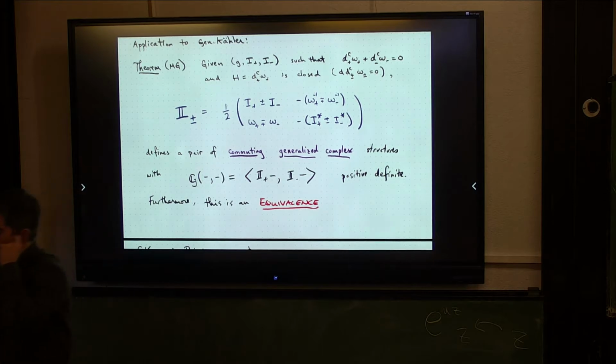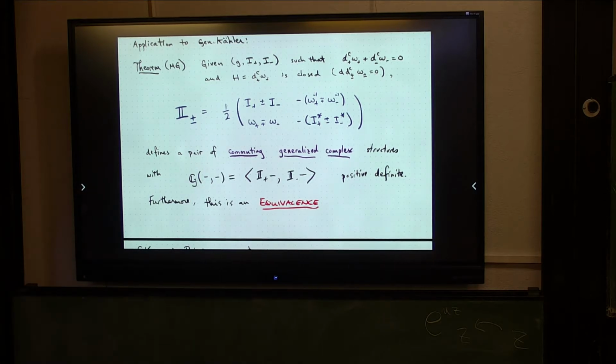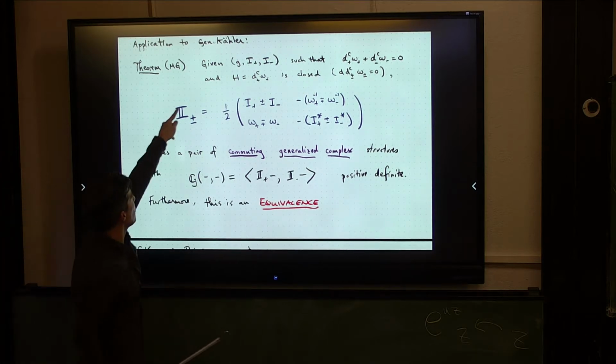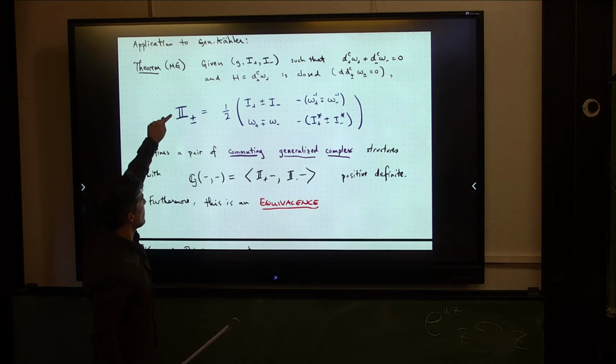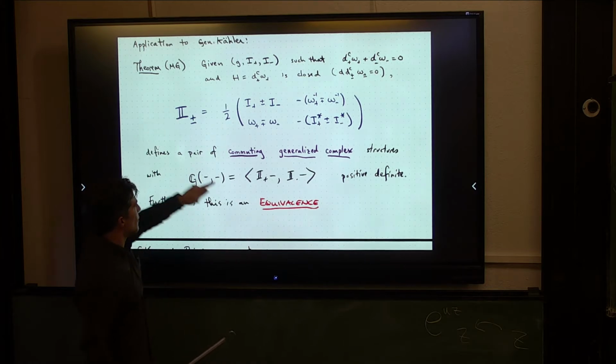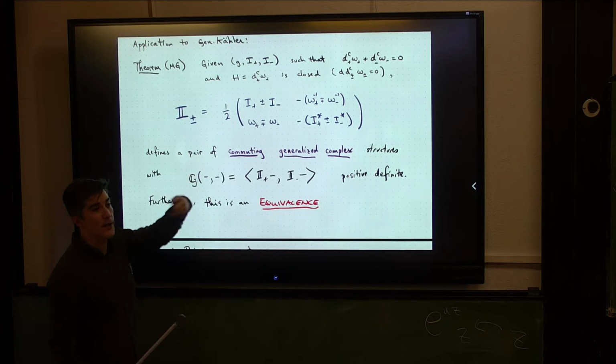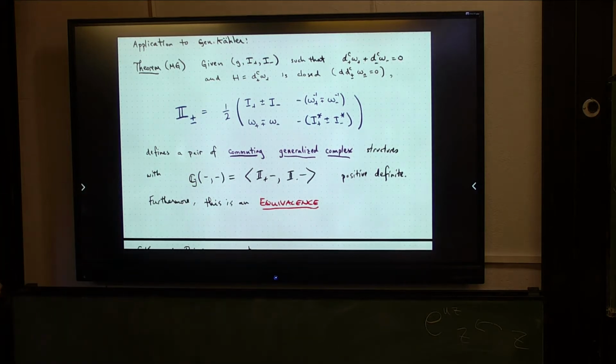Okay, so summarizing, the idea is that if you have one of these bi-Hermitian geometries, 2,2 geometries, you can reformulate the structure into a pair of integrable GC structures commuting such that they determine a generalized metric on the sum of the tangent and cotangent bundle.